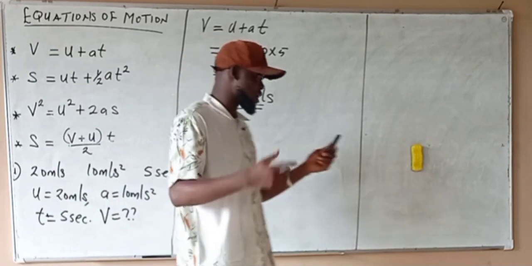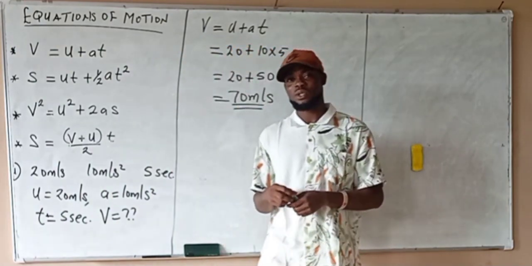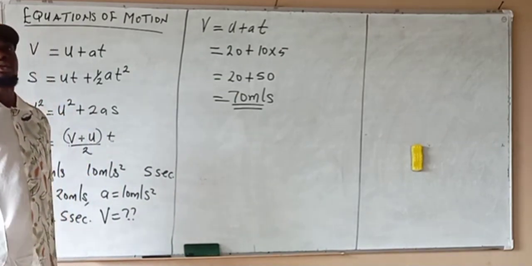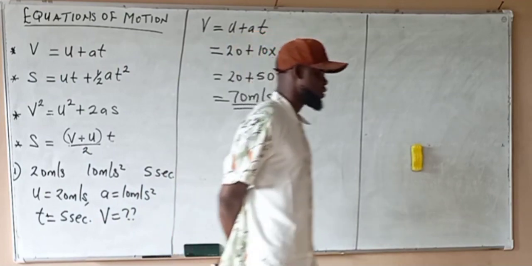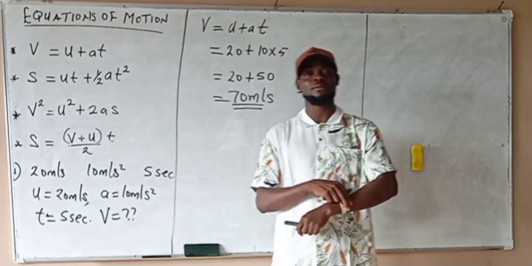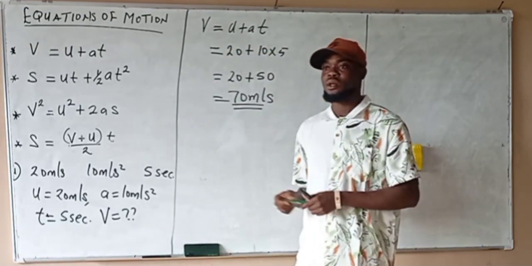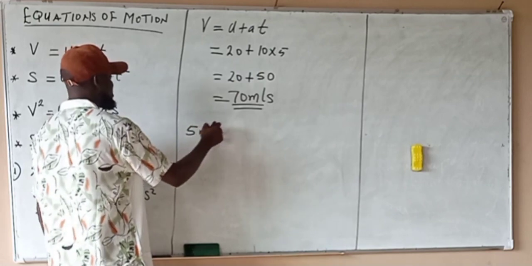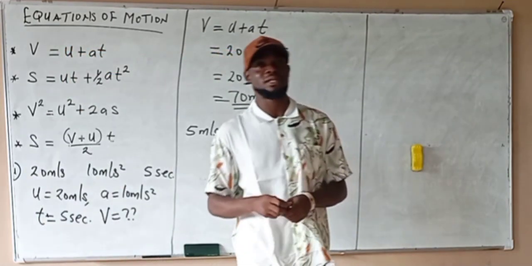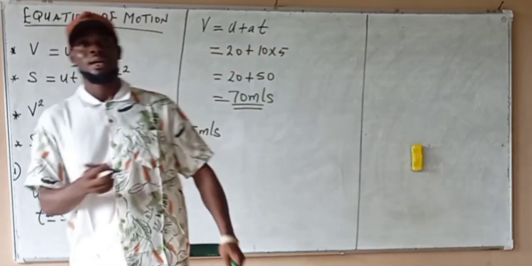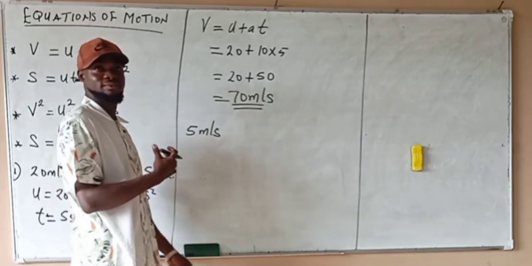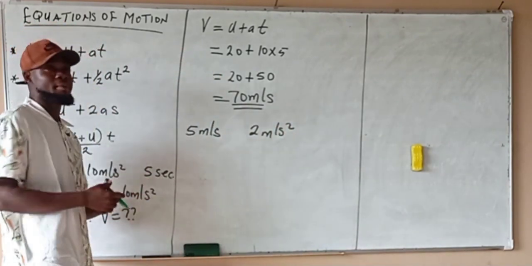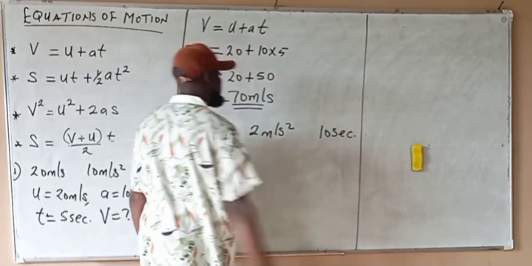Now, let's look at another question. Obtain the distance moved by a body whose initial speed was 5 meters per second and accelerated at the rate of 2 meters per second square for 10 seconds.